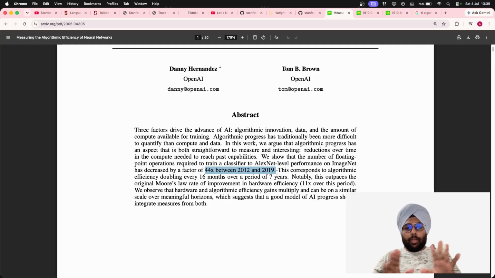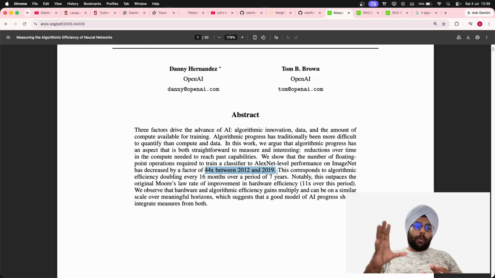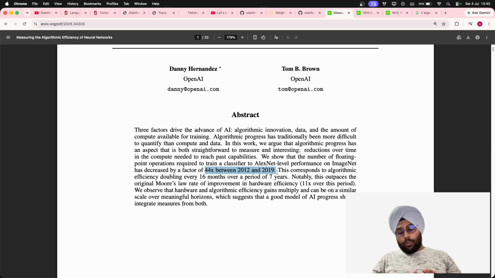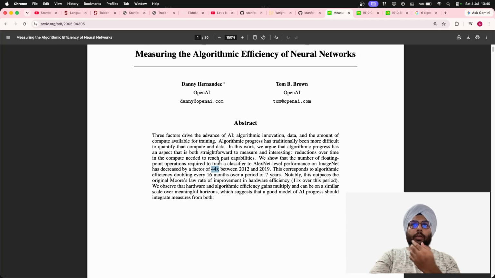Accuracy can be achieved by a formula of efficiency times resources. The resources are defined: whatever laptop or compute power you are allotted, whatever budget and data you are given, those resources are limited. But you can improve accuracy by increasing efficiency, and you can do that by using much more efficient algorithms. By algorithms alone they increased efficiency 44 times. That's great. I am going to read this paper.